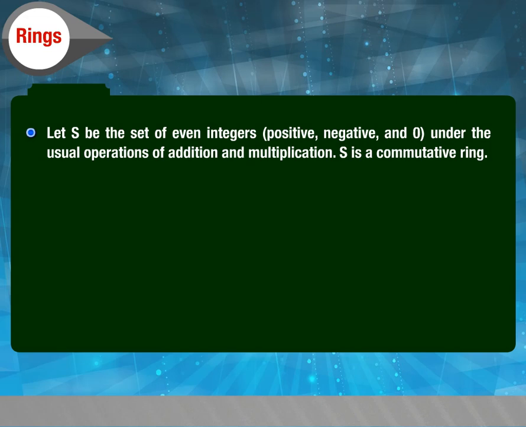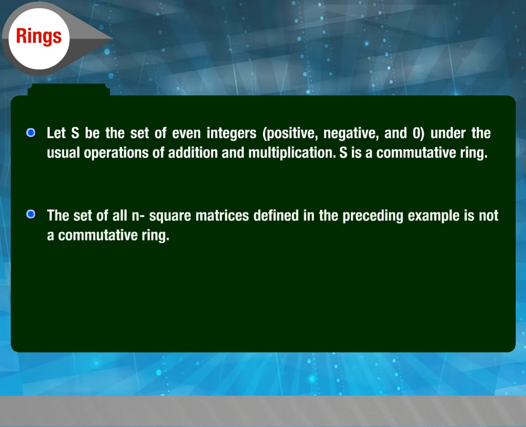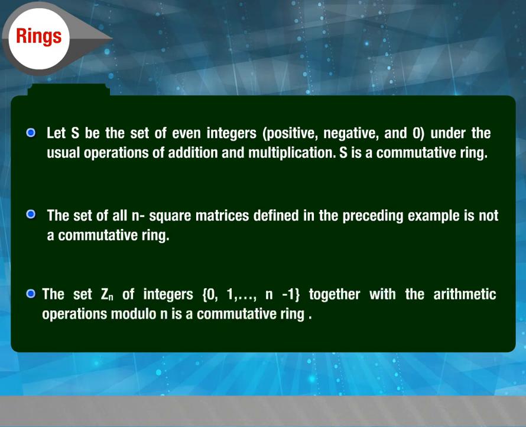S is a commutative ring. The set of all n square matrices defined in the preceding example is not a commutative ring. The set Zn of integers 0, 1 and so on up to n-1, together with the arithmetic operations modulo n, is a commutative ring.